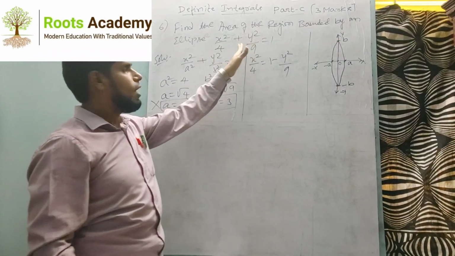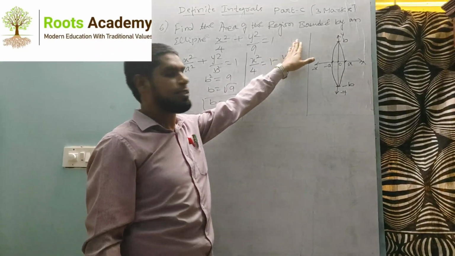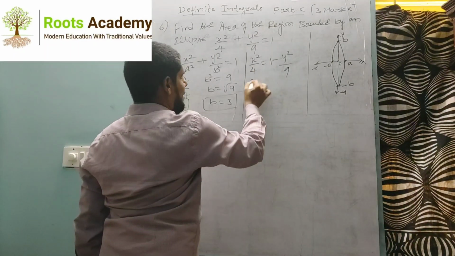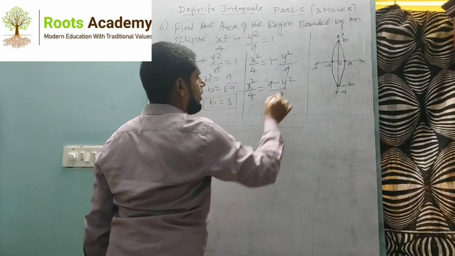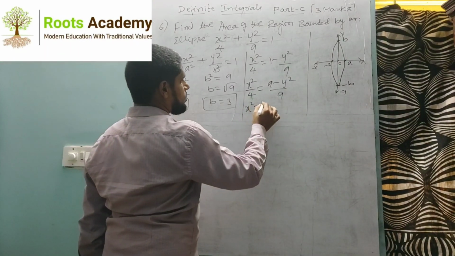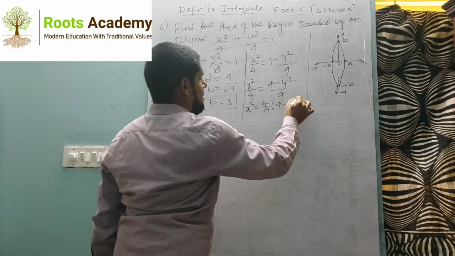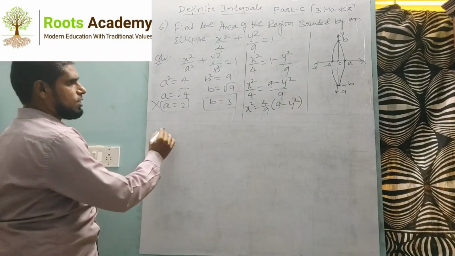What did I do? I just moved this y square by 9 towards the right-hand side, so it changes the sign. LCM is 9. x square by 4 is equal to 9 minus y square by 9. If I cross multiply, x square is equal to 4 by 9 times 9 minus y square. So what is x?